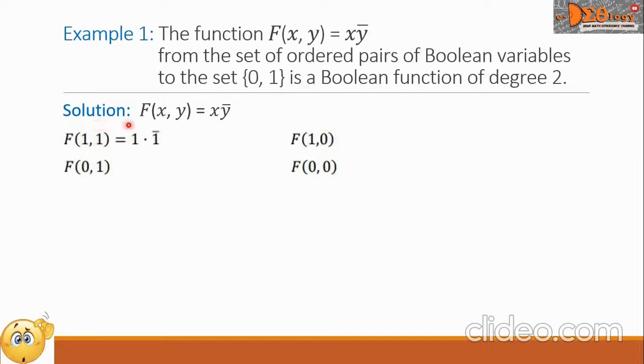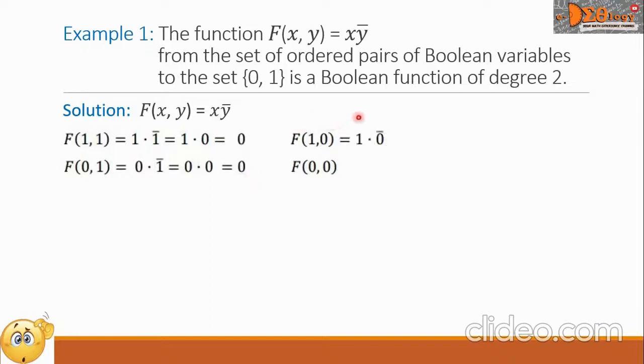So we have now 1 times 1 bar, and then let us evaluate 1 bar to be 0. 1 times 0 is equal to 0. The F01 we write here 0 times 1 bar. The 1 bar becomes 0. 0 times 0 is 0.